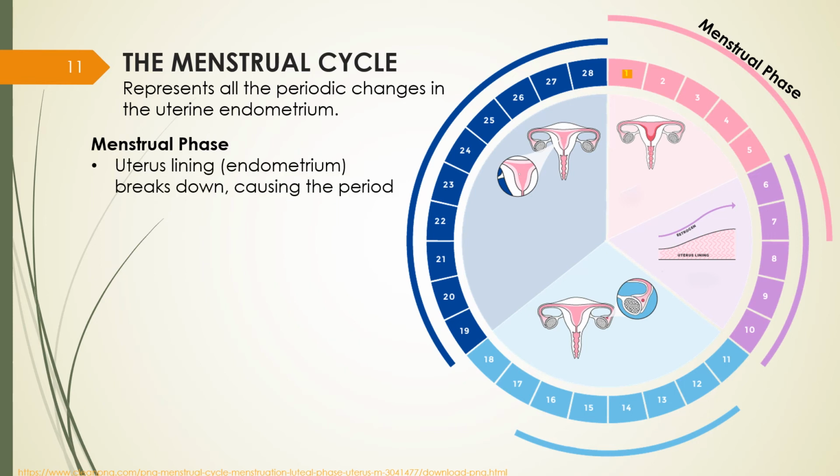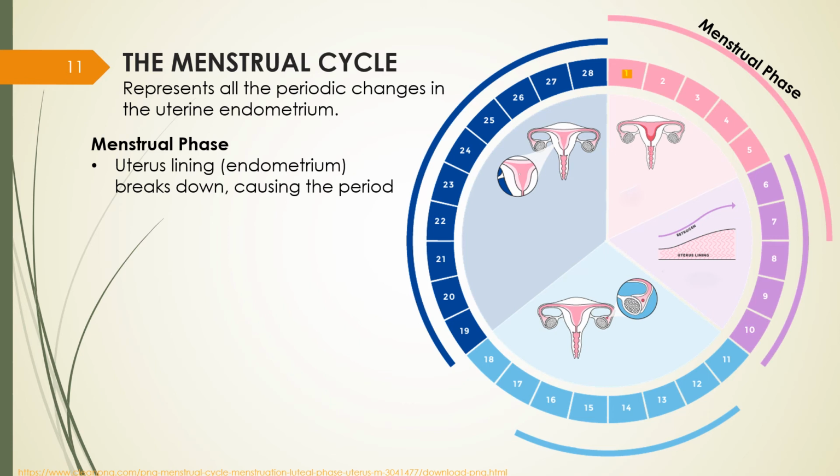So why is there bleeding? Because the endometrium breaks down, causing the period. And why does the endometrium break down? Because the endometrium is like a protection where the zygote can be fixed. If there is no zygote to be fixed, there is no need for this endometrium, so the body expels it, okay?